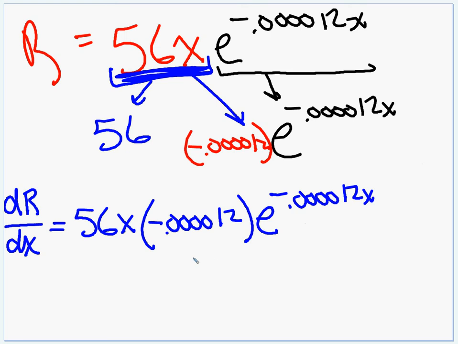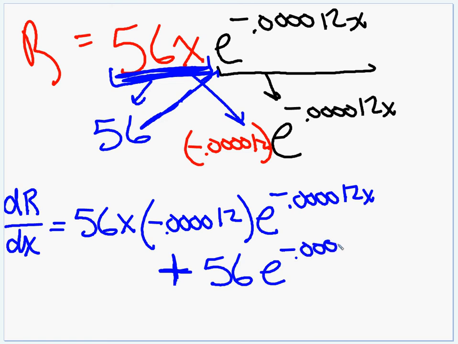And then the product rule continues. I'll come down here with my plus sign. The other diagonal is 56 times that base e. 56 times base e to the negative 0.0000012x. So that is our derivative, and we're going to set it equal to 0.